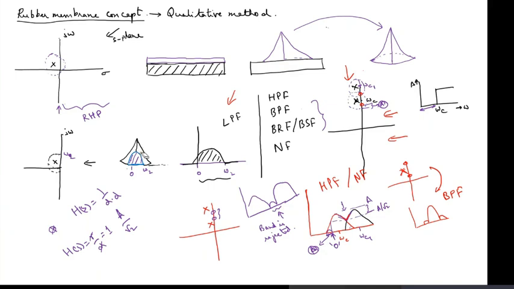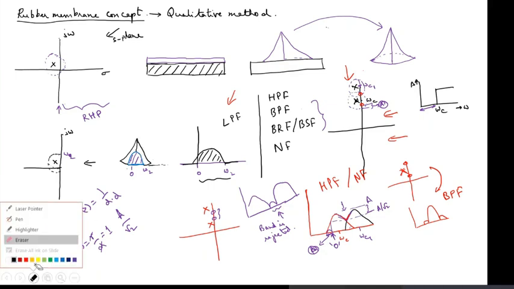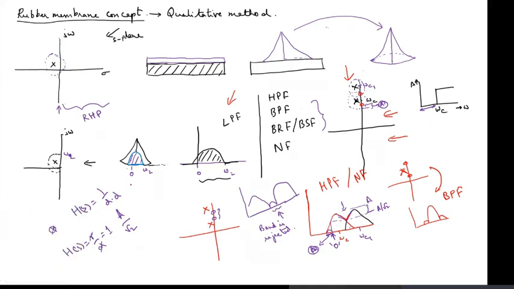If you consider this one, what will happen? From 0 to omega 2, you are basically cutting, because this cone is spanning onto the left side and the right side also, but we are interested only in the frequency axis.